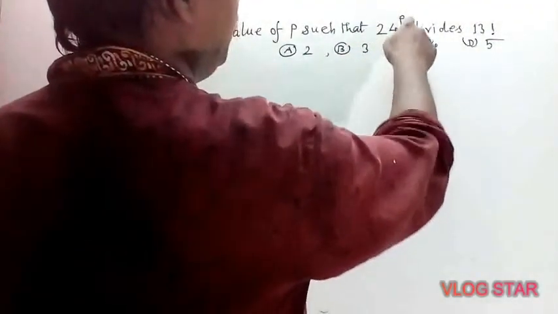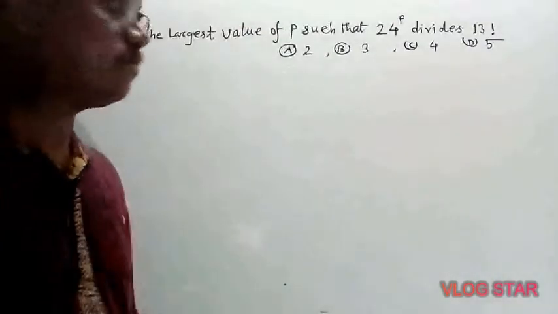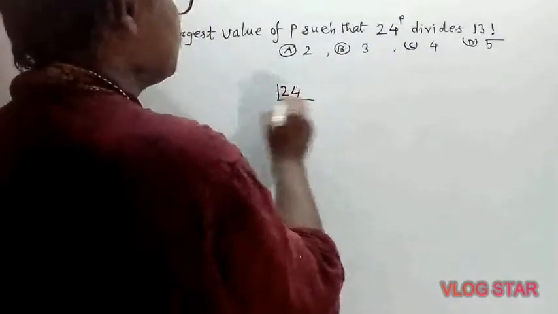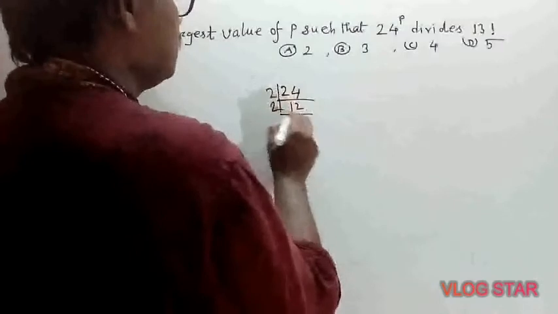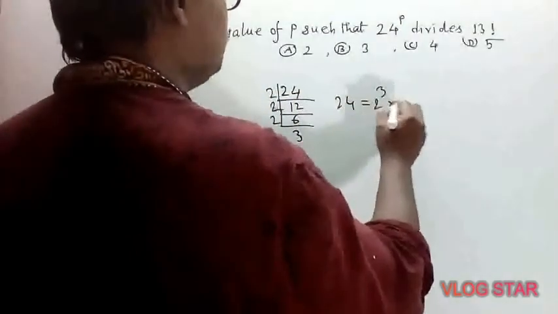Now, 24 power p divides 13 factorial. 24 is not prime, so we have to factorize 24: 2, 12, 2, 6, 2, 3. That is, 24 equals 2 cube into 3.